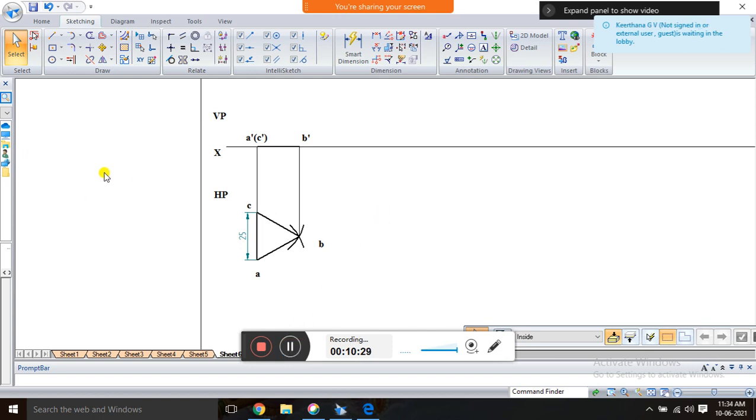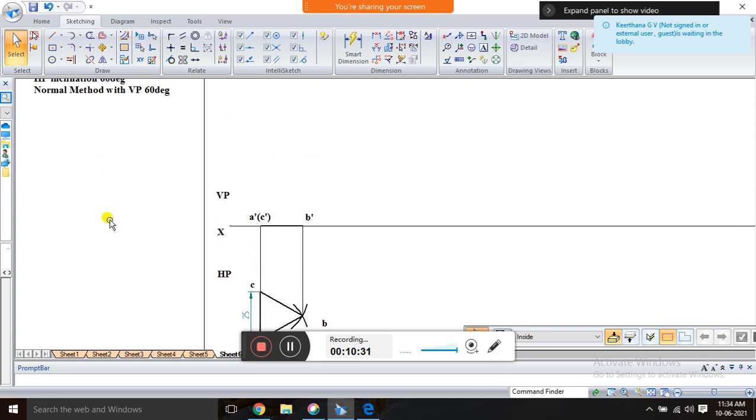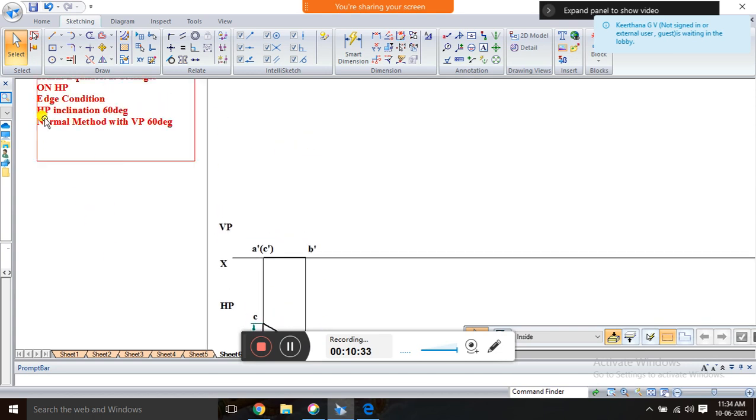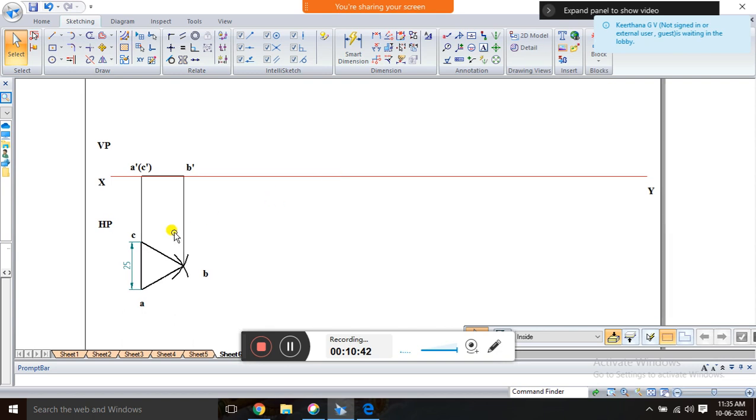See here in the second position, HP inclination. Here it is resting on HP, so the second position inclination is also HP inclination, and the lamina that is placed on the HP is tilted 60 degrees. In the second position you have to tilt the horizontally placed lamina to 60 degrees.